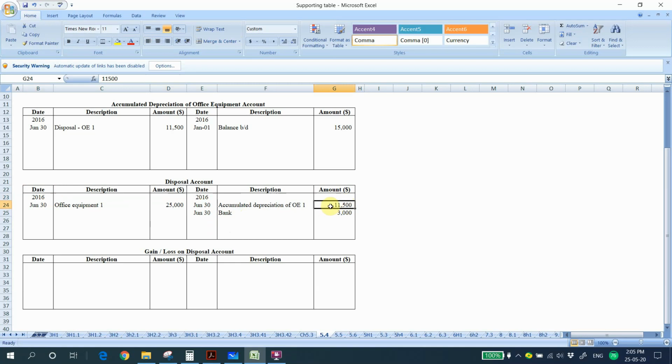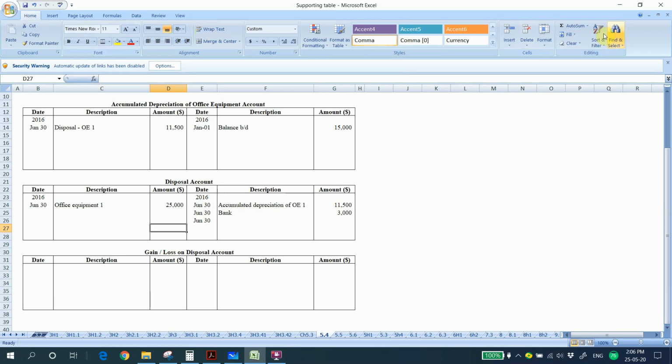We can say that this is the total benefit that we used, and then we receive 3,000 from the sale. Spend 25,000 and only recover 14,500. So tell me, do we make a gain on disposal or a loss on disposal? The answer is we're making a loss on disposal. Why? Because the cost that we originally paid is more than the benefit that we used.